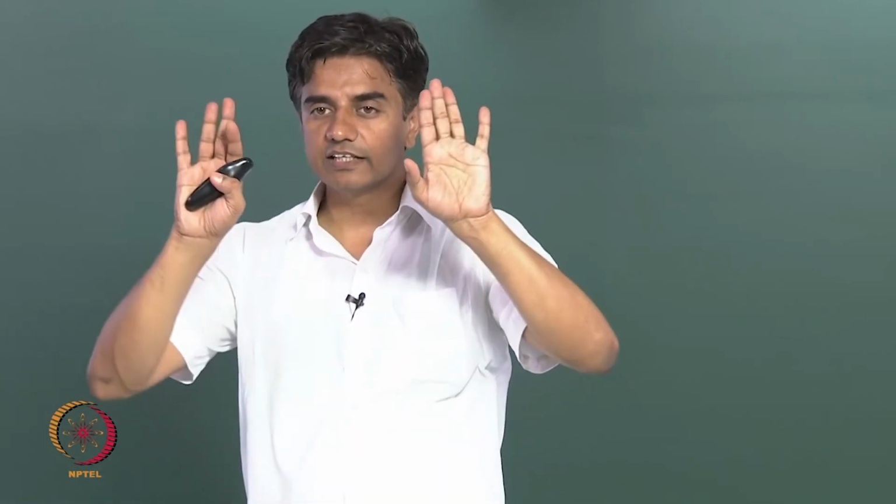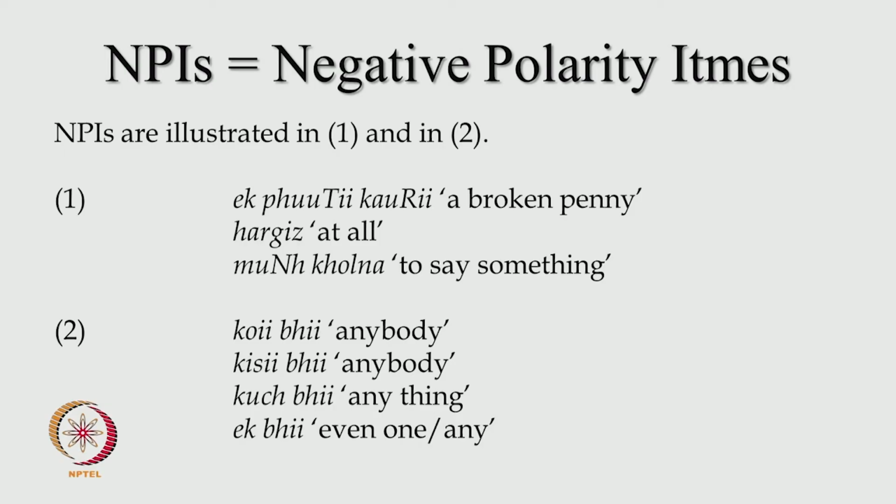So there is a strict classification, one type which is going to be used only with negation, and the other type which can be used without negation. I have already shown you examples, right. So see any one of the examples in the second group, which is koi bhi, kisi bhi, kuch bhi, ek bhi, right.